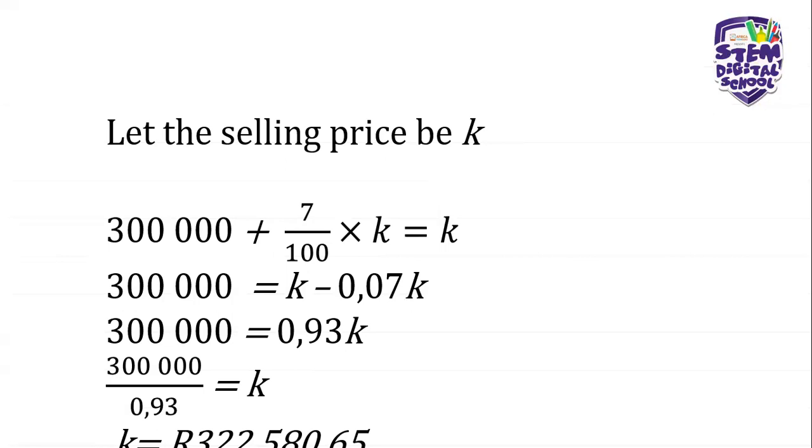So you divide it by itself, but like I said, whatever you do in the left-hand side should also be done in the right-hand side. And in the same note, what you do in the right-hand side should be done also in the left-hand side. So we also divide by 0.93 to get a value now of 322,580 rands and 65 cents.